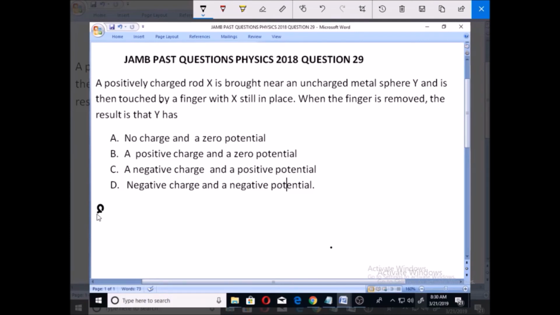So very importantly, we need to understand what electrostatic induction is, so that you can appreciate this question very well.